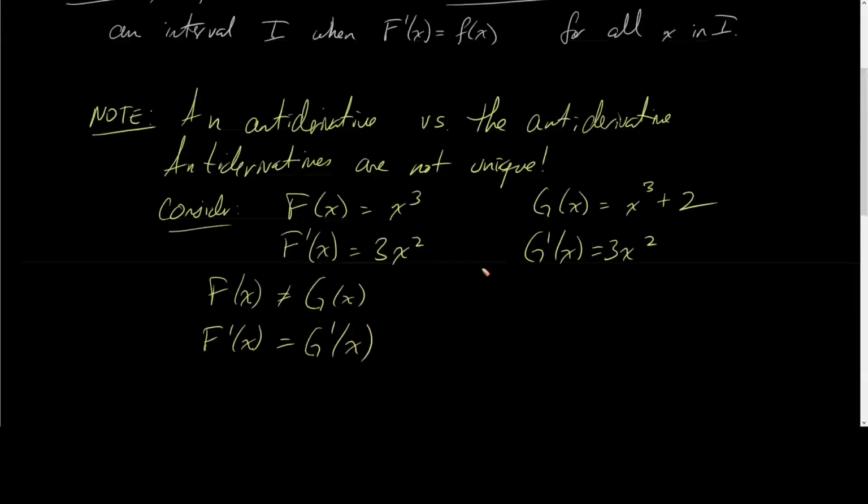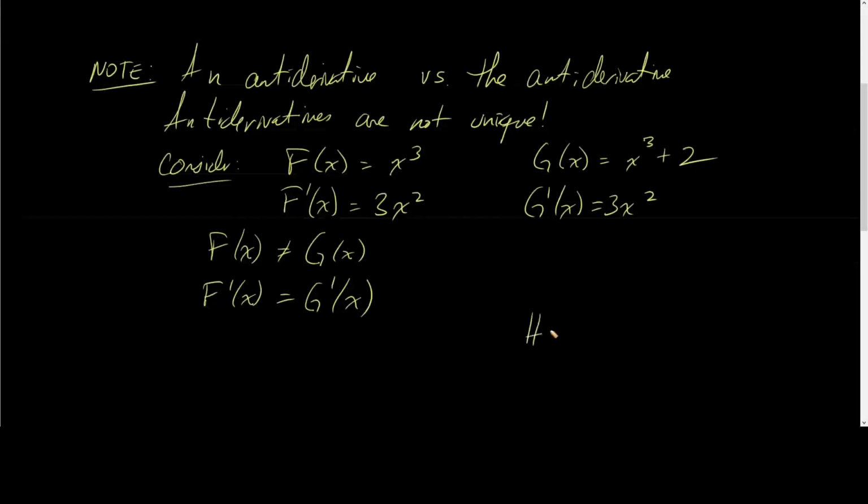So if I started with 3x squared and I said, what's the antiderivative? Well, we've got two different options. In fact, we have infinitely many options. Because if I call H of x simply x cubed, we can have plus 1, plus 2, plus 3.